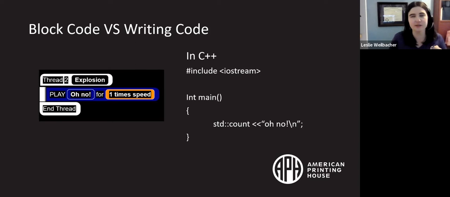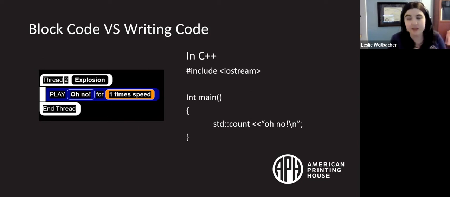And it starts with number sign, include, greater than sign, iostream, less than sign. Then we go down a line. It says int main, open parentheses, close parentheses. Then we go down a line. Left curly brace. Then we go down a line.